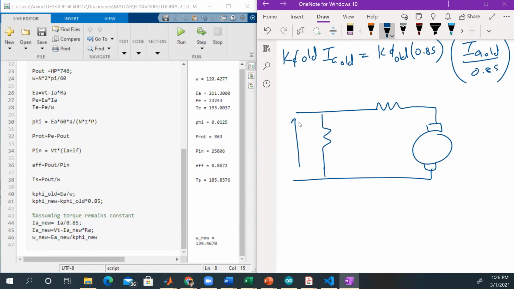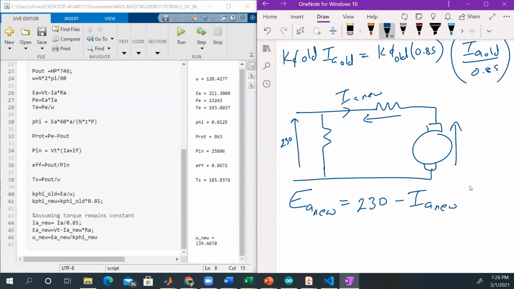Right? So we have the same 230 volts. We have IA new. So we could work out EA new here again. So EA new is equal to 230 minus IA new by RA.